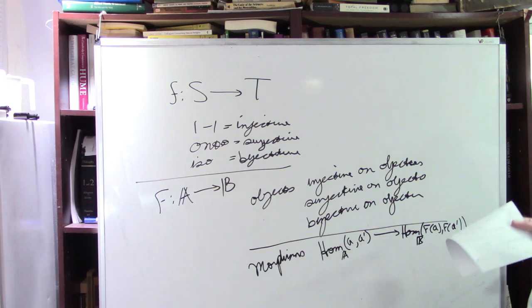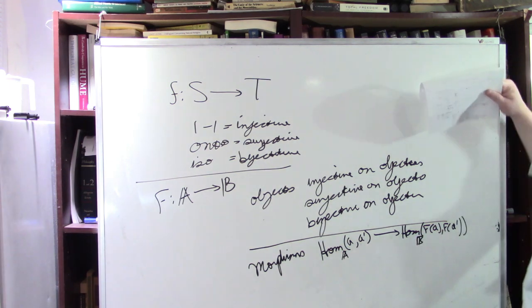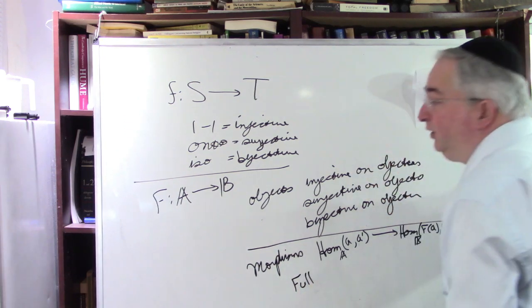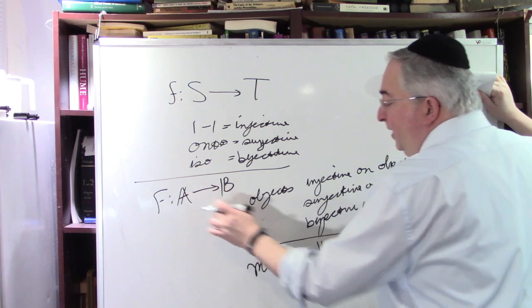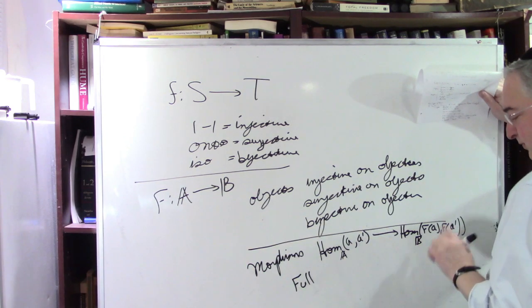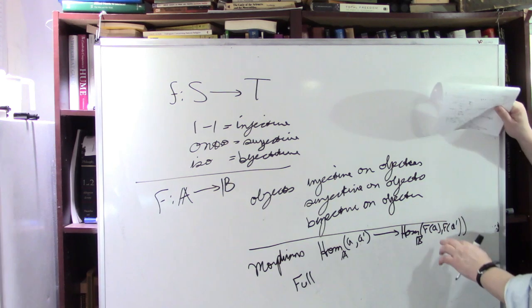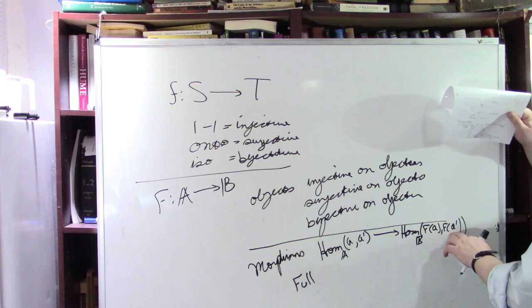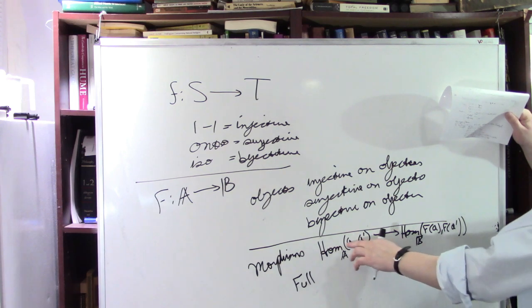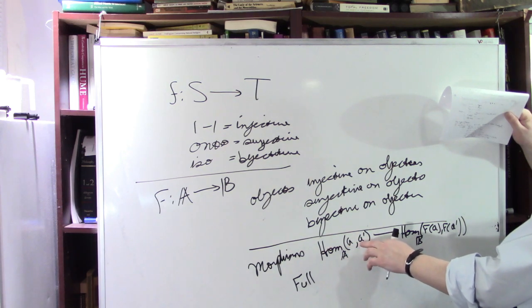Okay, now we have names. We say the functor from A to B is full if this homomorphism is onto. What does that mean? Given anything between f of A and f of B in B, it comes from a morphism from here.